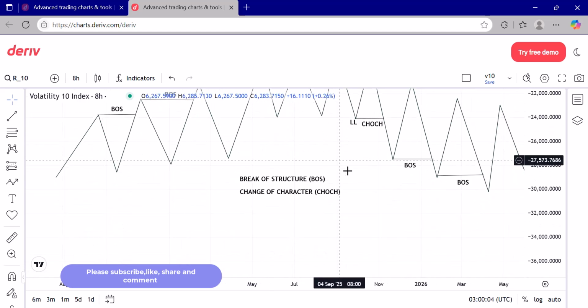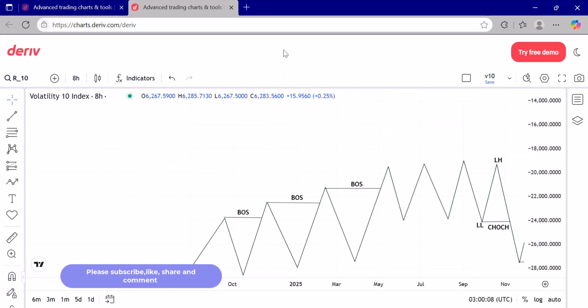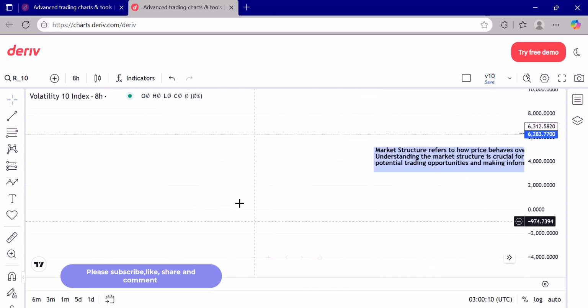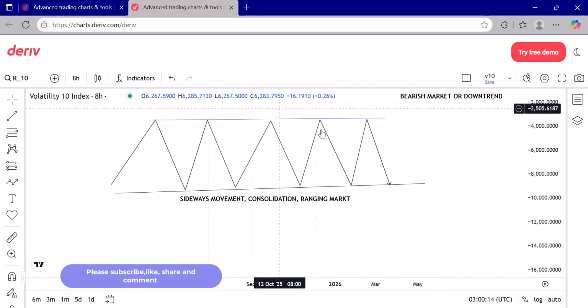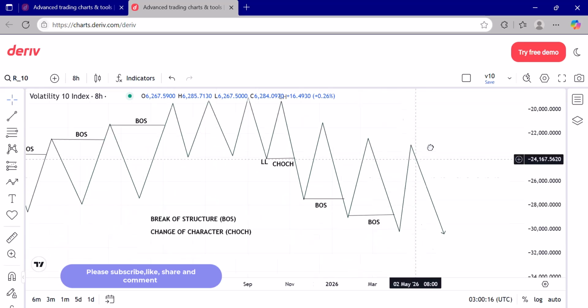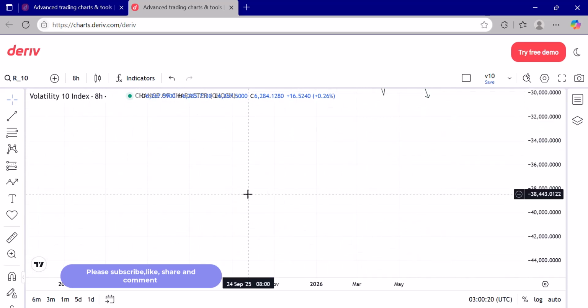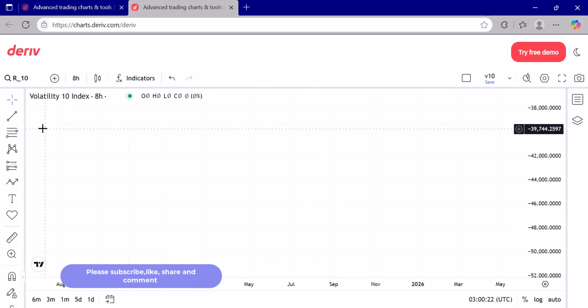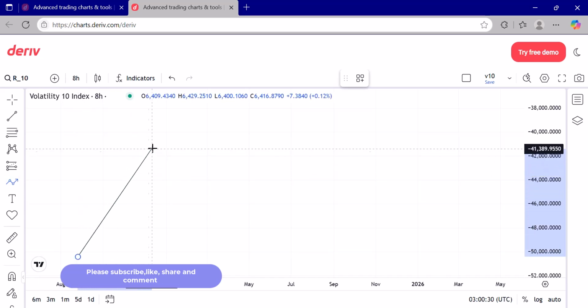Okay, all right, so the next thing we are going to be looking at is what we call our swing structure. Now, remember, if this is a bullish market, the market is going up.